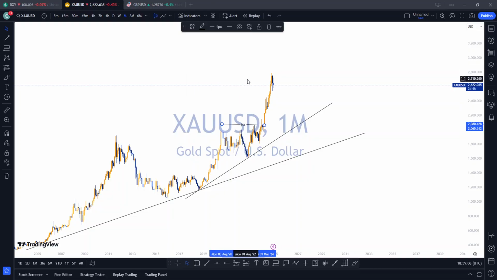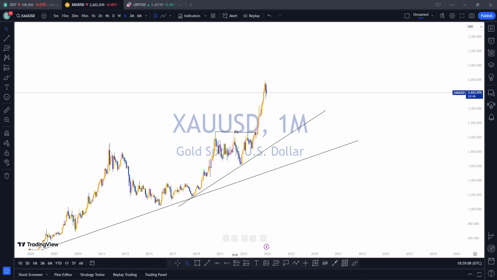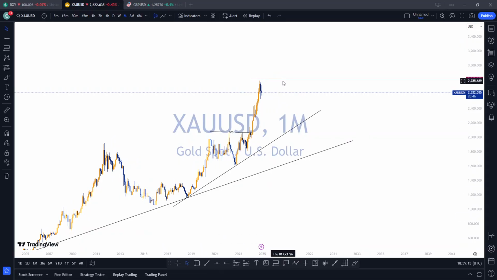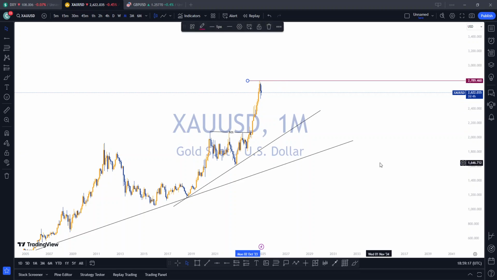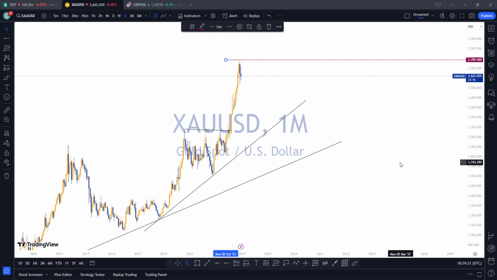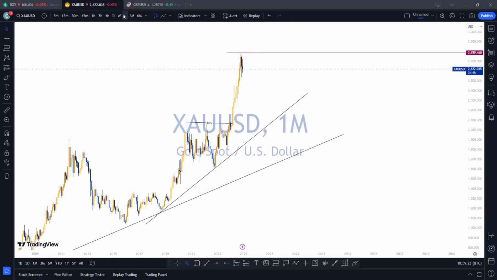And this is the highest high we have on gold, which is 2,789.